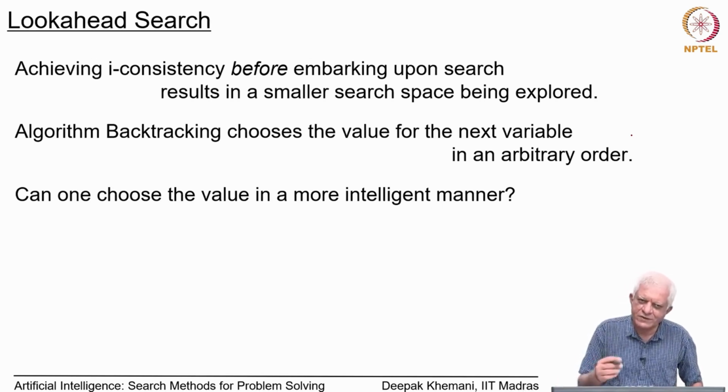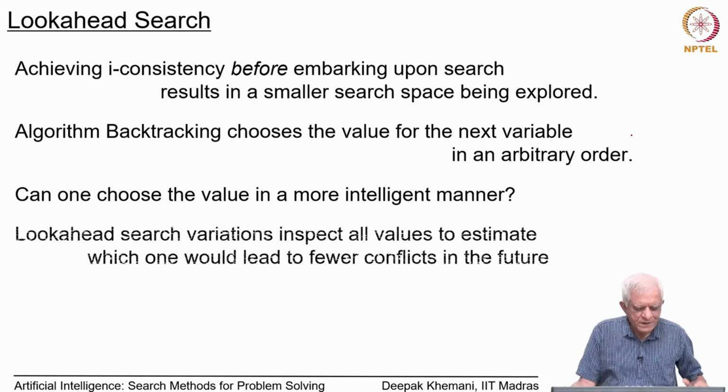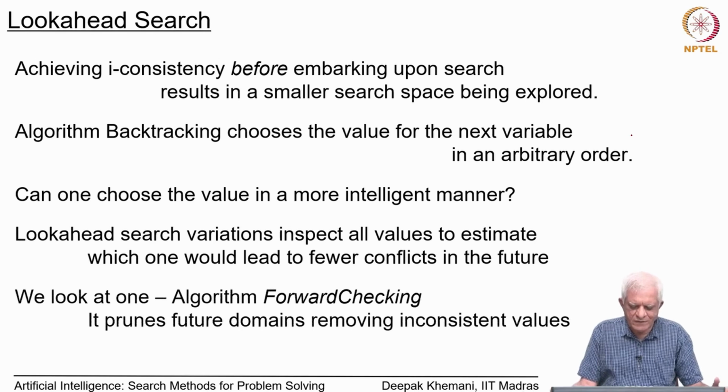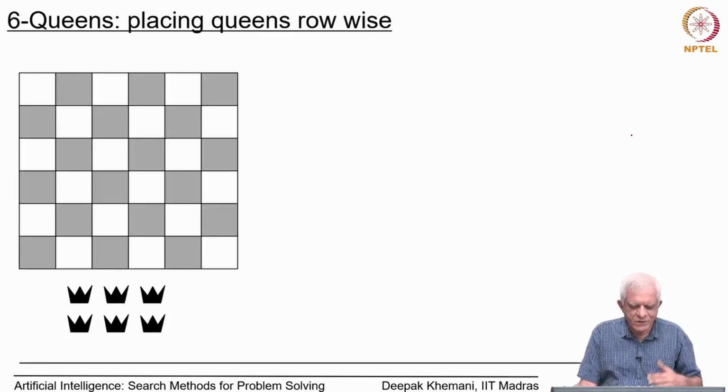So, either you select it or you do not, and that is how it works. So, look ahead search, there are variations to this. Inspect all values to estimate which one would lead to fewer conflicts in the future essentially. We look at one such algorithm which is called forward checking. It prunes future domains, removing inconsistent values as it goes along.